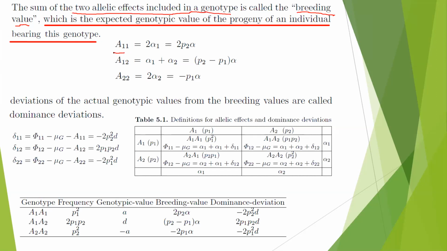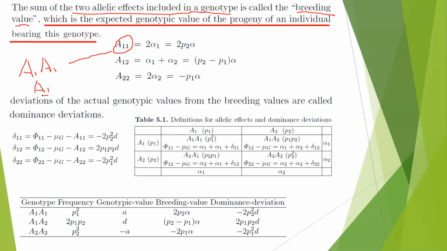For example, the big A here represents the breeding value. So don't confuse this term with A1, A1. And don't confuse this term with A1.